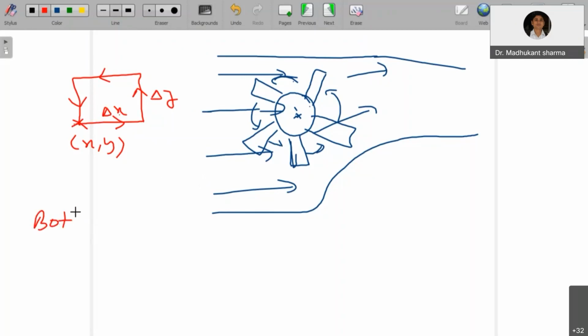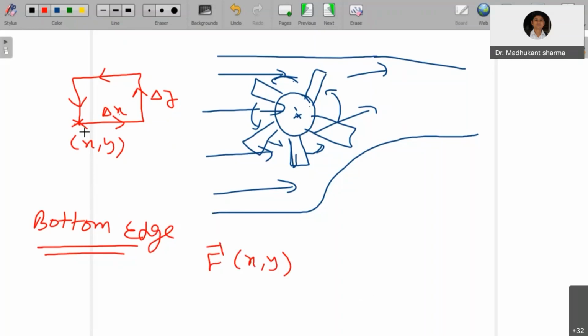Let's take the bottom edge. At the bottom edge, the rate of flow is going to be the velocity field at x comma y, moving in the i direction, so dot product with i cap, with length delta x.